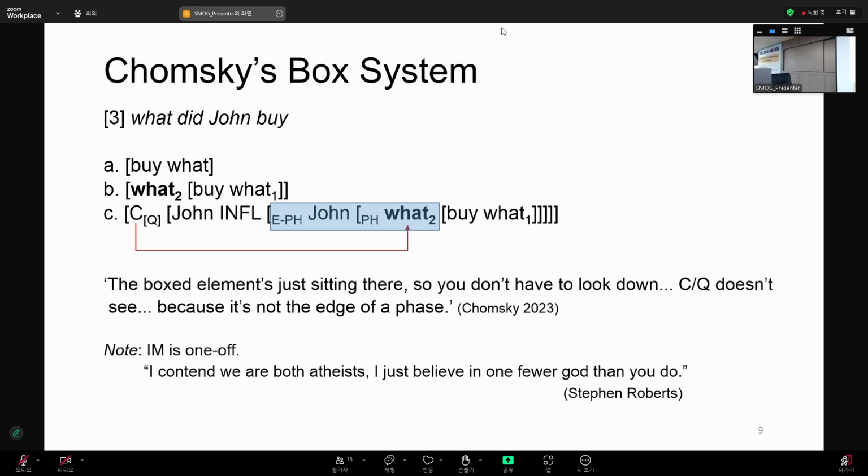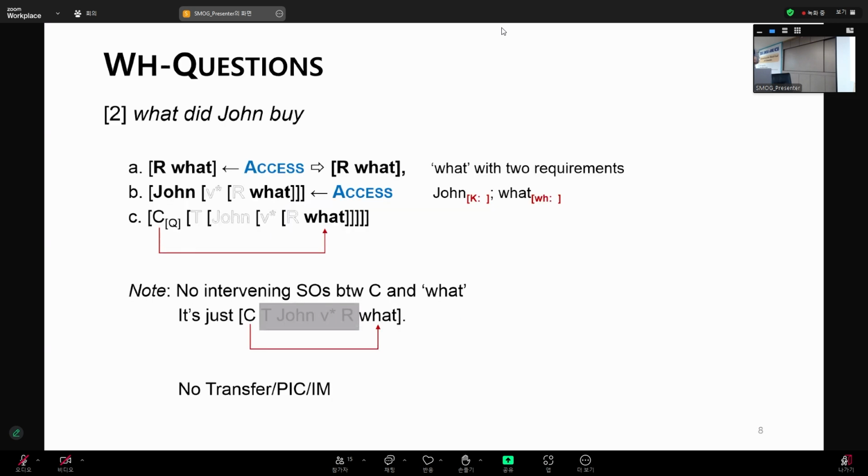And then notice that here, the internal merge is a one-time occurrence in Chomsky's box system. Whenever it undergoes movement, then it is stuck there. So all of the IM is basically a one-time occurrence in Chomsky's recent theory. And in my dynamic access model, no movement is involved.